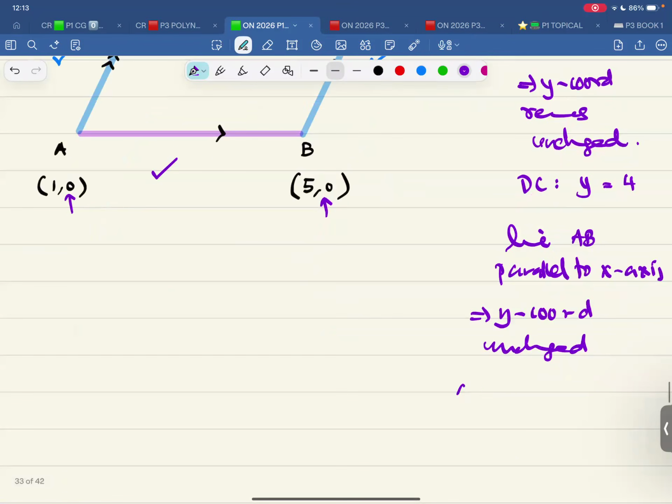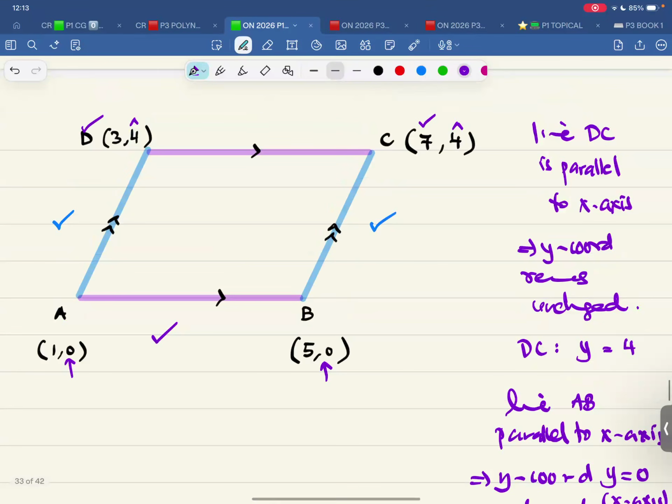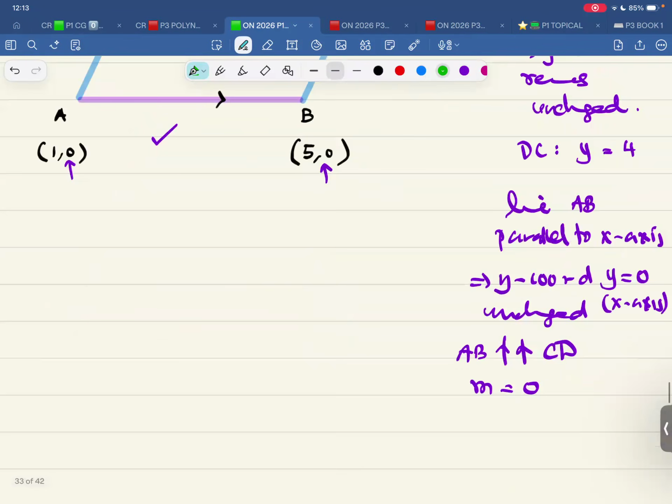Both lines, AB is parallel to CD. Gradient is 0. And this equation is y equals 0. That is the x-axis. So we have proved that AB is parallel to DC. What about the length? As far as the length is concerned, this is 3, this is 7. So DC has a magnitude of 4 units.